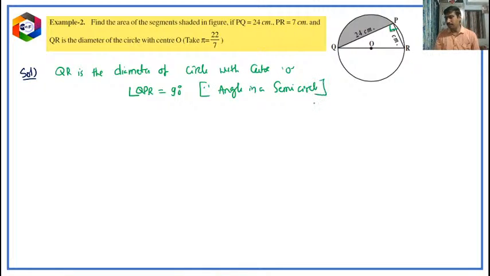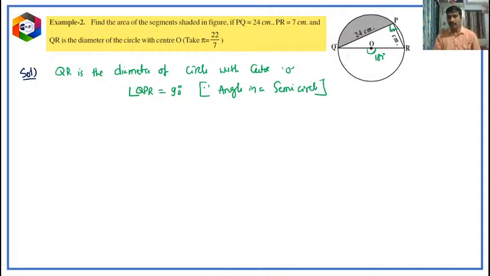Here one point we have to note: angle in a semicircle is 90, whereas angle made by semicircle at the center is 180. Some children have given 180, but 180 is the angle made by semicircle at the center, but angle in the semicircle, inside of that in the segment, is 90. Now this is a right angle triangle.